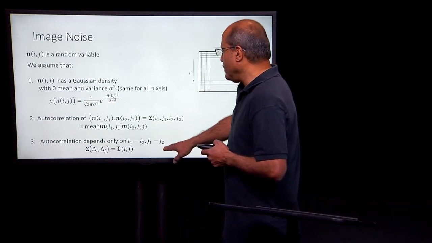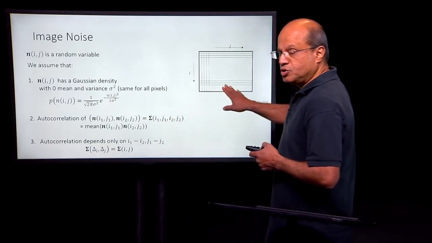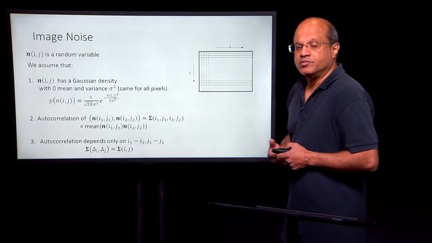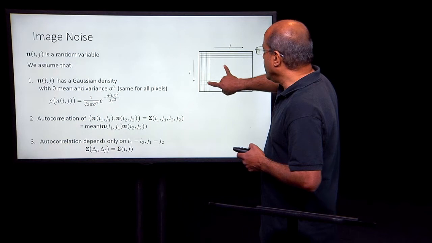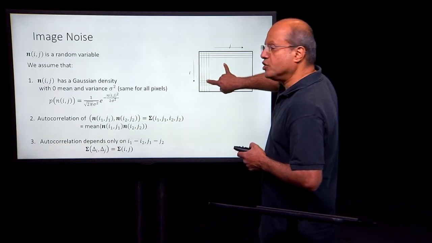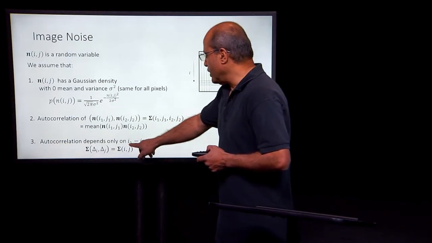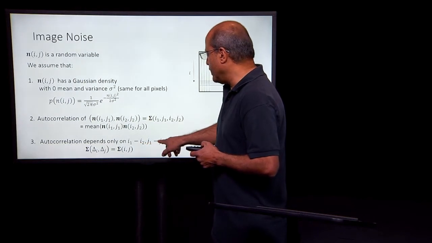Now very often for actual image noise, for experimentally observed image noise, this function turns out only to depend on the displacement between the 2 pixels. So it only depends on I1 minus I2 and J1 minus J2.